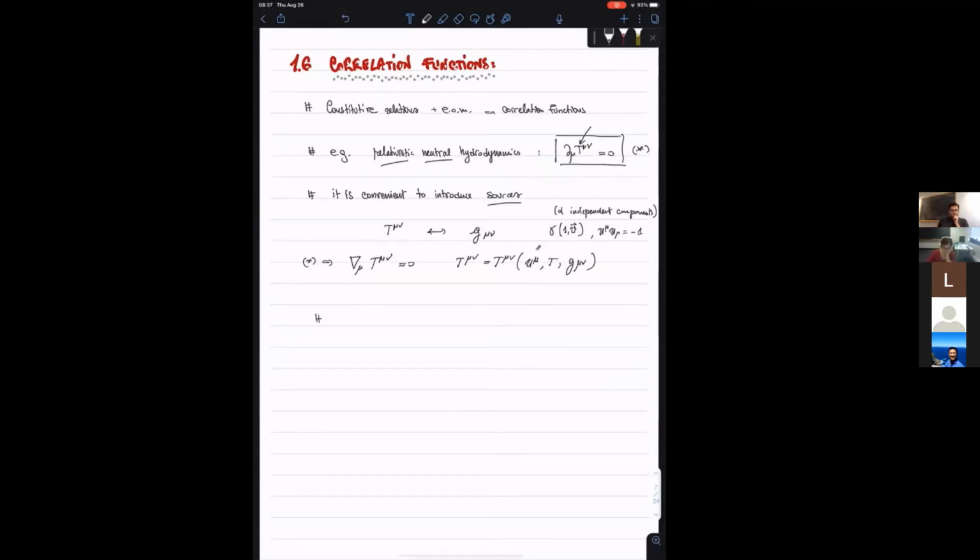So we know from linear response theory that the one-point function of certain operators in the presence of sources can be written as a retarded effect through this retarded correlation function.